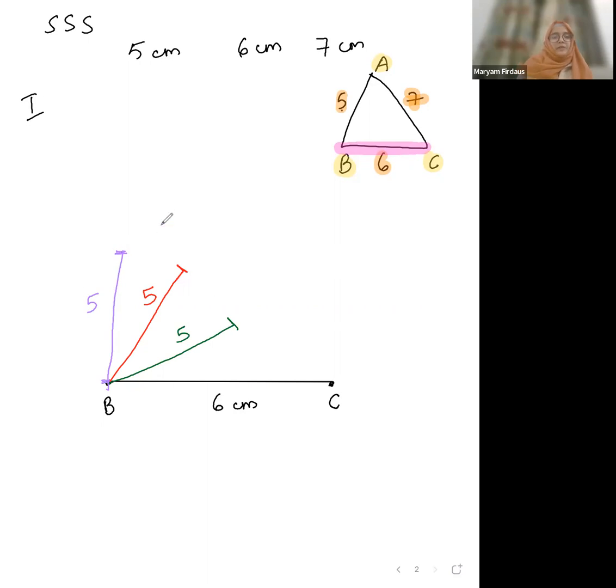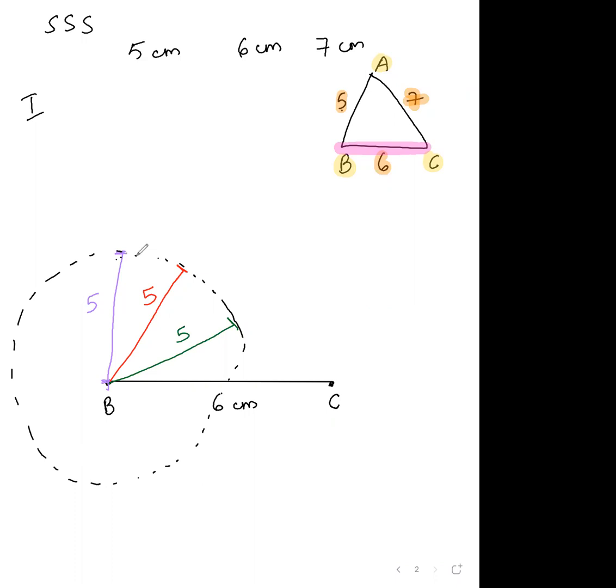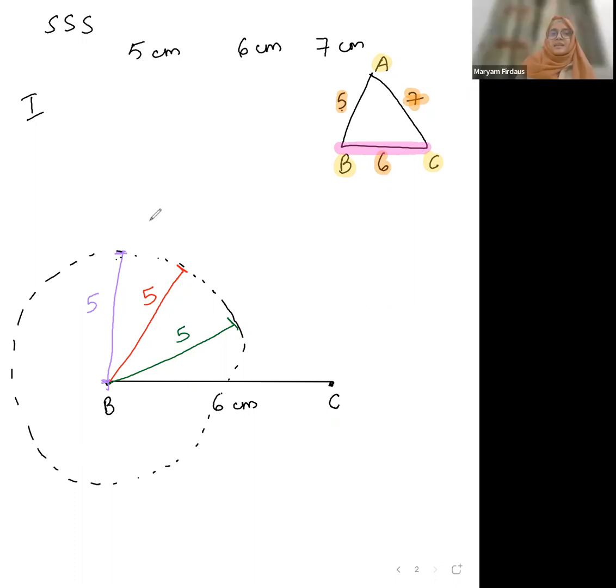So if you notice, this is actually a circle. If you take all of the points that can be your point A, the distance from B should be 5 centimeters. So that is forming a circle, right? This is why we use a compass whose radius is 5 centimeters. So let's say this is your compass.